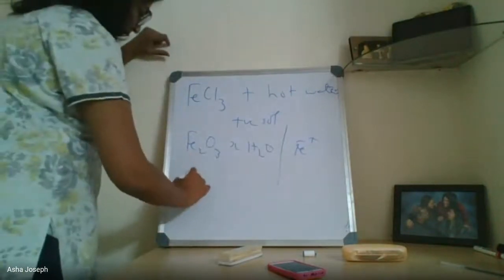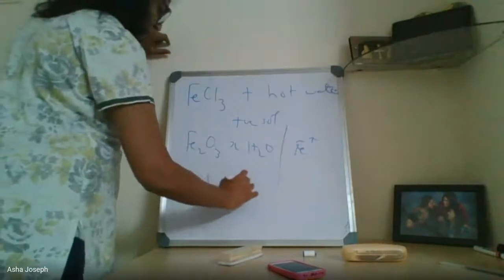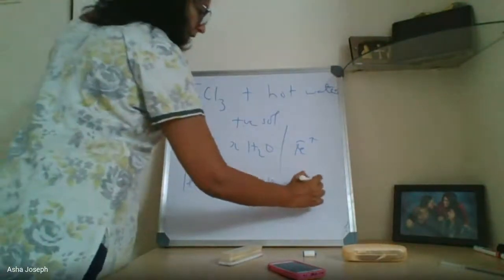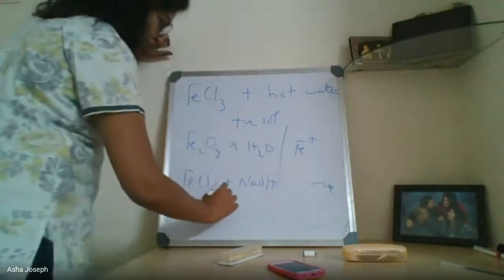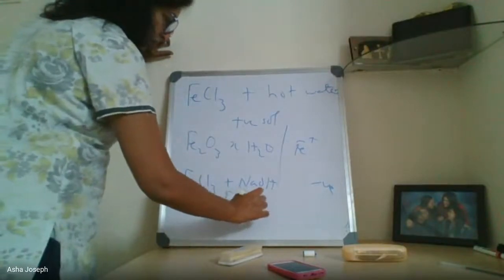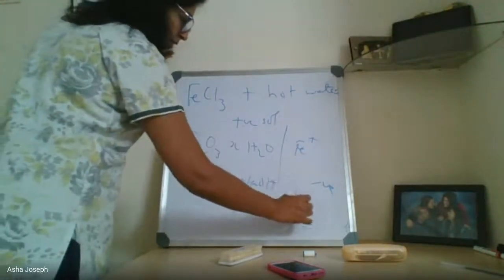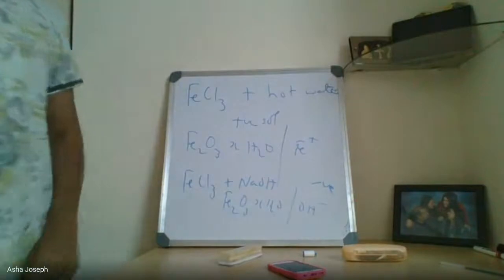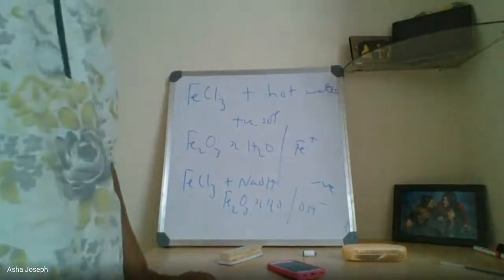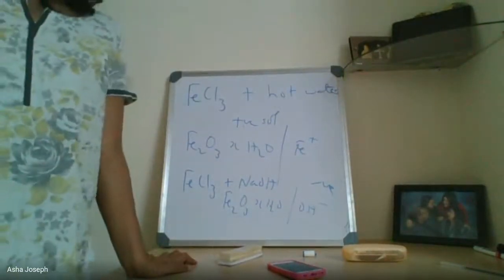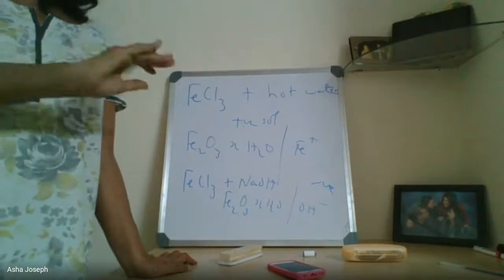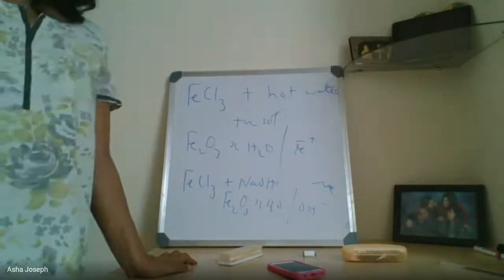If ferric chloride is added to NaOH, you will get a negative sol, which is Fe2O3.xH2O OH-. So this is the second example. You have to learn like that.